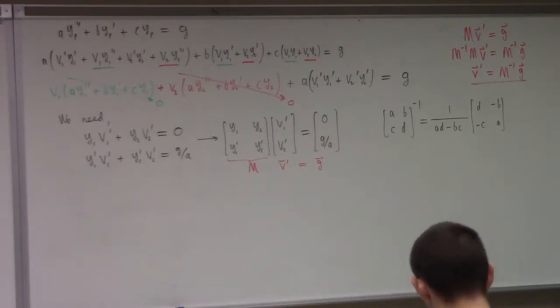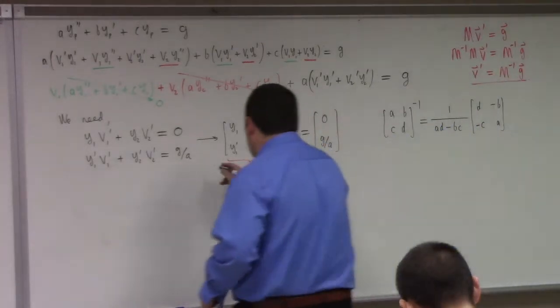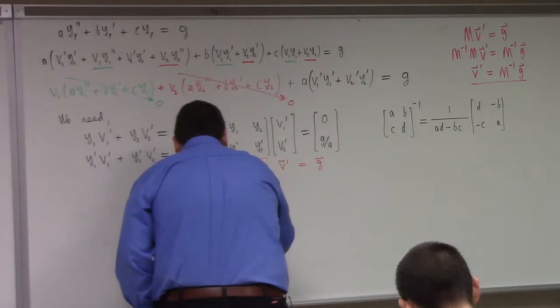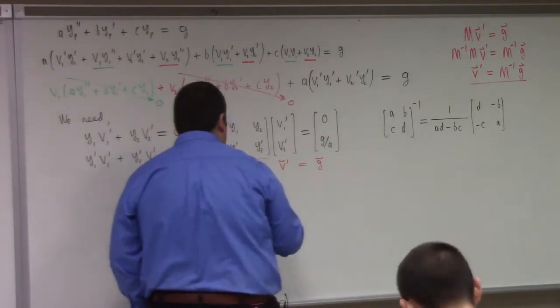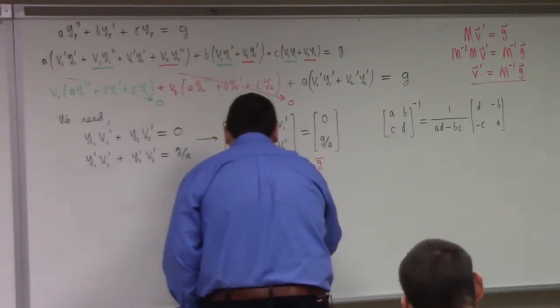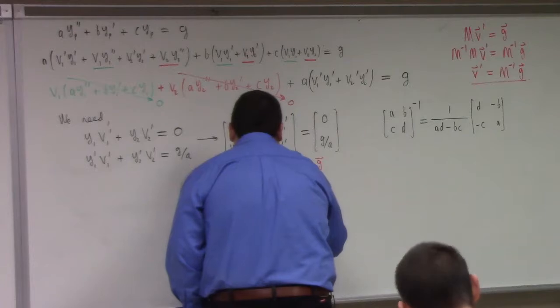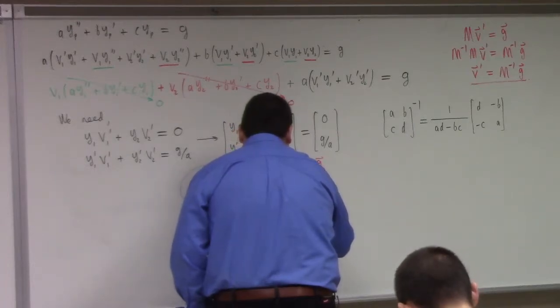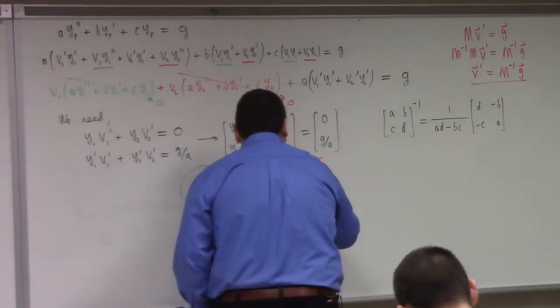So doing that here gets me that V1 prime, V2 prime is equal to 1 over Y1 Y2 prime minus Y2 Y1 prime. Why is it okay to divide by that?